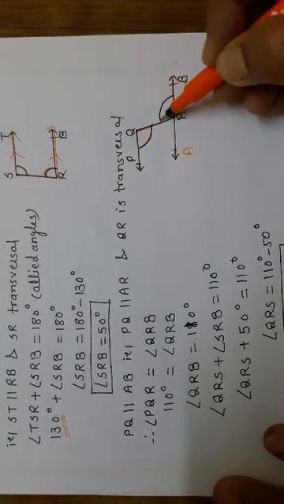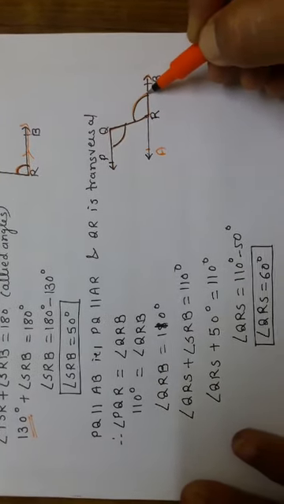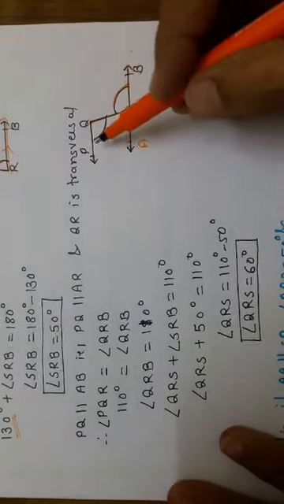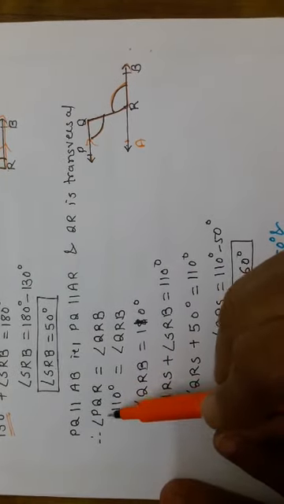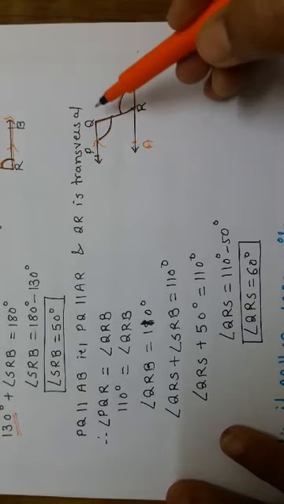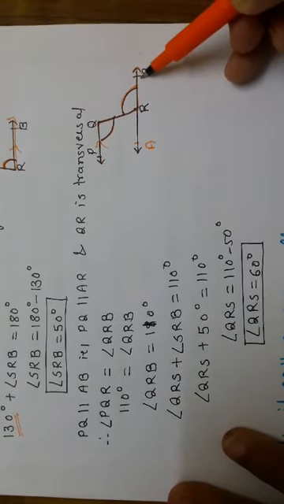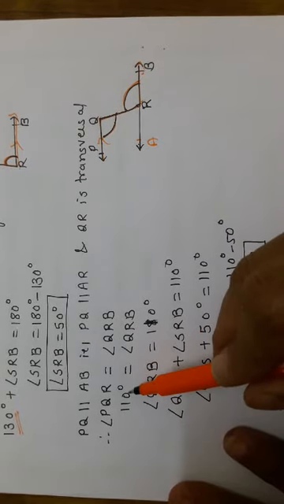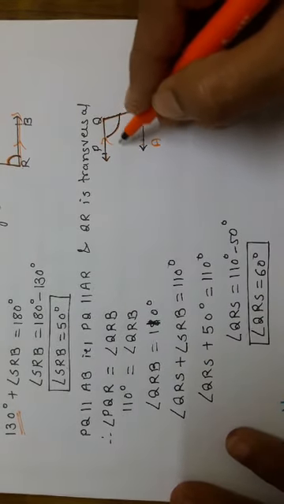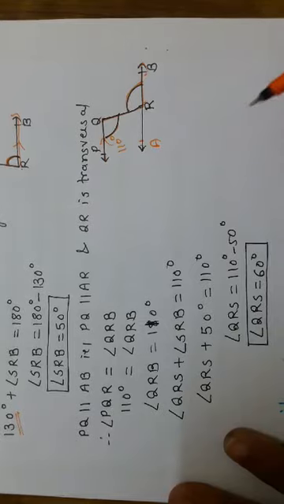So this angle and this angle are alternate angles. When the lines are parallel, alternate angles are equal. Therefore, angle PQR is equal to QRB. So QRB we got here as 110 degrees, because PQR they have given as 110 degrees.